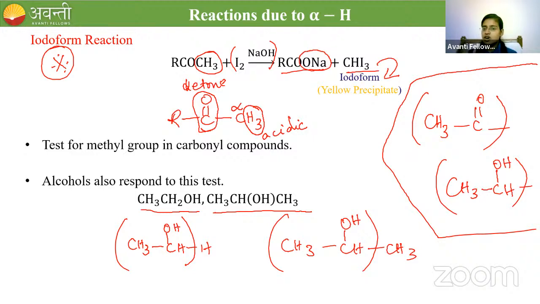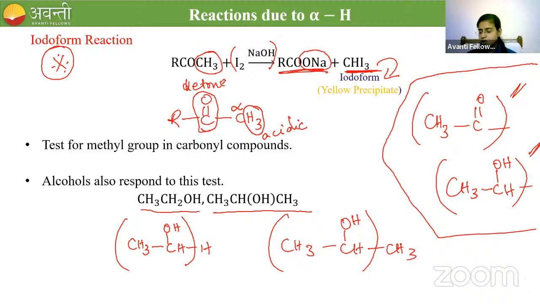Listen, the compounds which have the CH3C double bond O group and CH3CHOH group will respond to the iodoform test. Respond in the sense you will get the answer. You will get this iodoform and the other compound, the RCOONa compound, in your reaction.